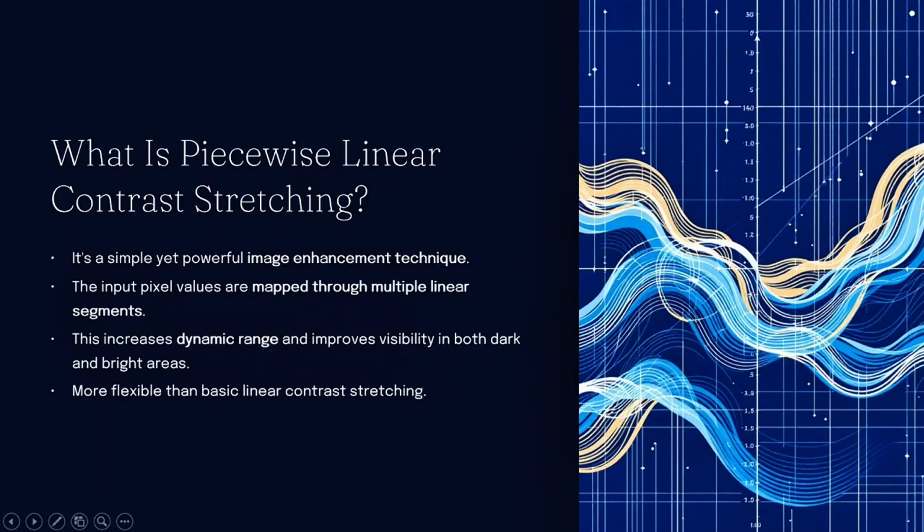Imagine plotting input pixel values along the x-axis and output values along the y-axis. A single straight line mapping affects every region equally, but in a piecewise function, each section of the curve has its own slope and intercept. This lets us brighten darker areas more aggressively, keep midtones natural, and prevent bright regions from becoming overexposed.